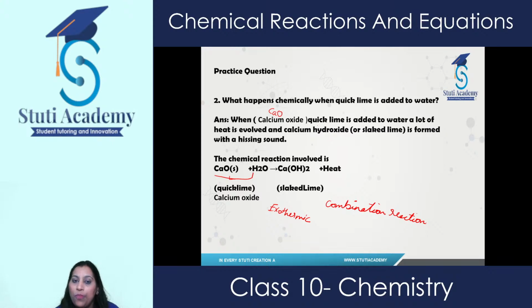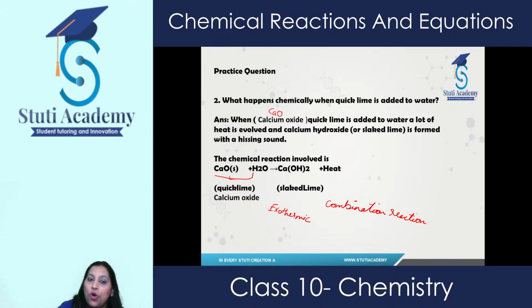Okay, I hope you understood this question. Or one more thing, in the exam a 1 mark question can also come. What's the chemical name of quicklime, or what's the formula of quicklime, or what's the chemical name of slaked lime, or the common name of calcium hydroxide. So you need to learn their chemical names as well as common names and their formulas also.